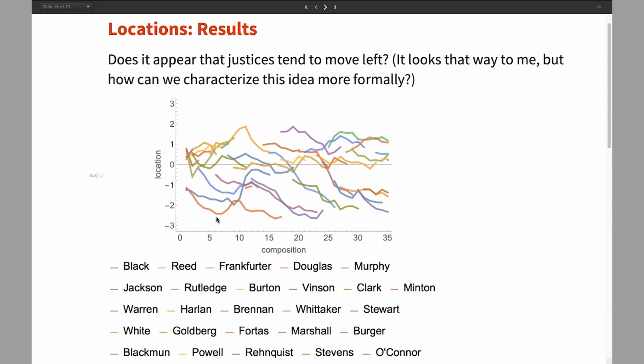That's to the left, negative numbers, and then getting a little bit less liberal, and then getting more and more liberal. We've got Justice Thomas up here. I'm pretty sure that's Thomas. And anyway, you could go on and look through these, and if we had time and inclination, we would look at each one of them separately, et cetera.